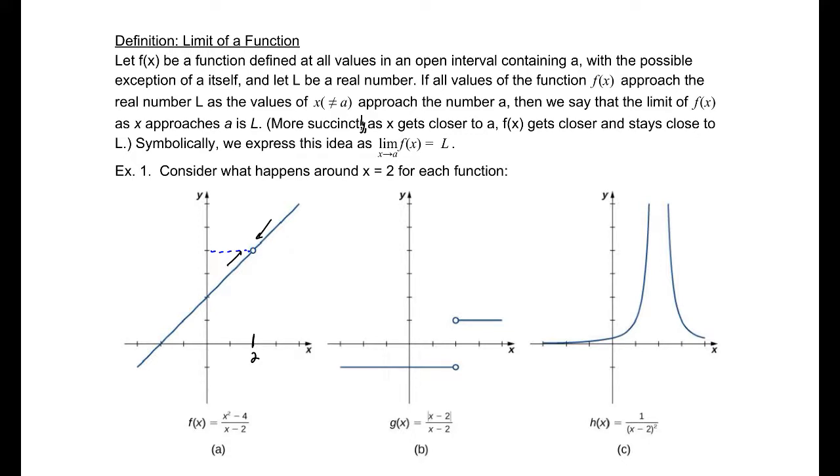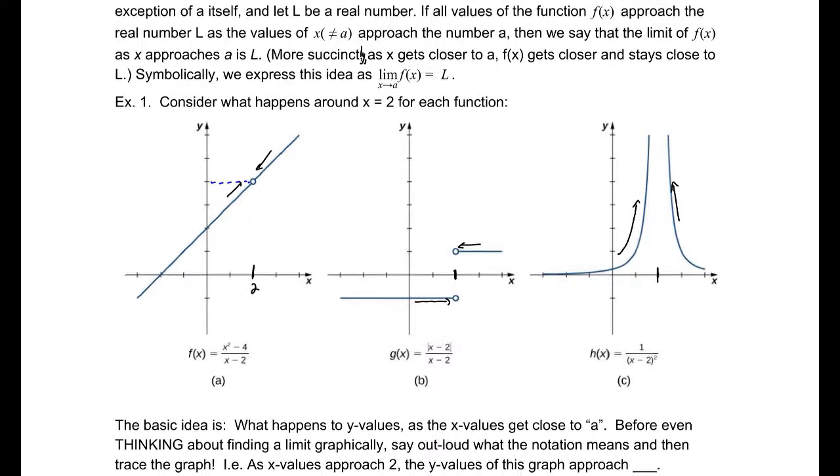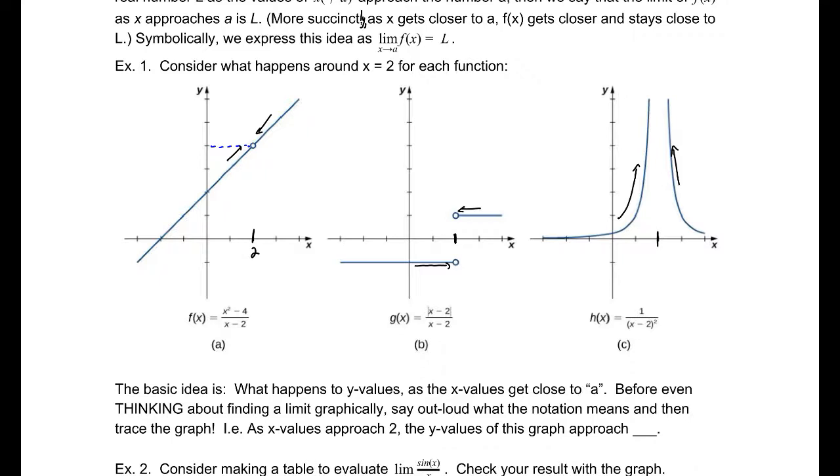What's happening on part B? As our x values approach 2 from this direction we have one thing, and from this direction we have another. That doesn't feel good. And then this last one, as we approach from this way and from that way, we get something crazy happening.